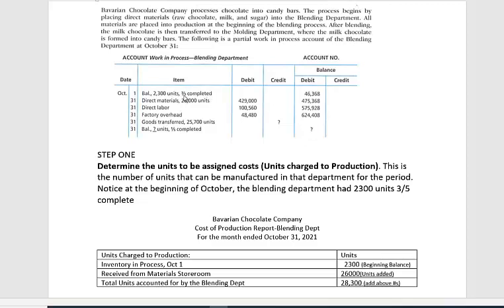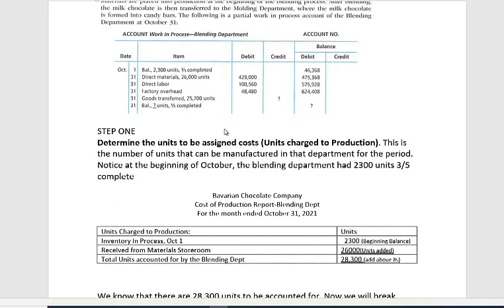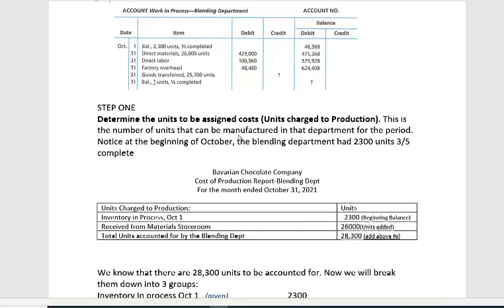Notice it says they are 3/5 complete. That's going to be important a little later on. Okay, then we added materials for 26,000 additional units. So the total units that we're going to be accounting for is 28,300. The 2,300 from the beginning balance, and then the 26,000 from the units added.